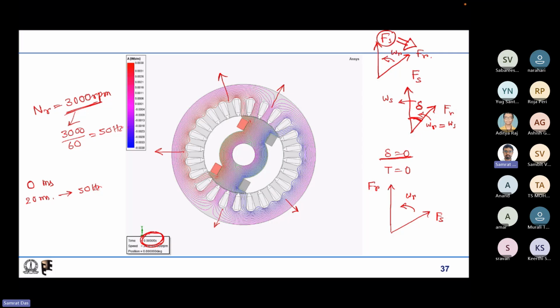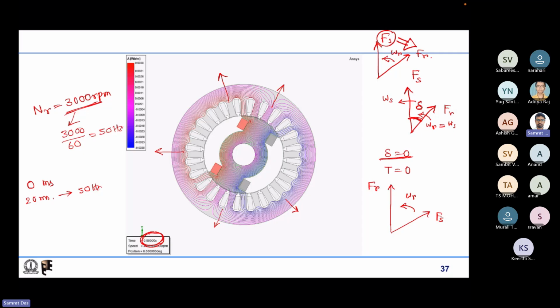If the stator magnetic field leads, power transfer is from stator to rotor, and if the rotor magnetic field leads, power transfer happens from rotor to stator, that is a generating action. A prime mover is rotating the rotor, converting the mechanical energy into electrical energy, and electrical energy is going out from the stator winding. So this is the first, simplest realization of an electrical machine, what we know as the synchronous machine.